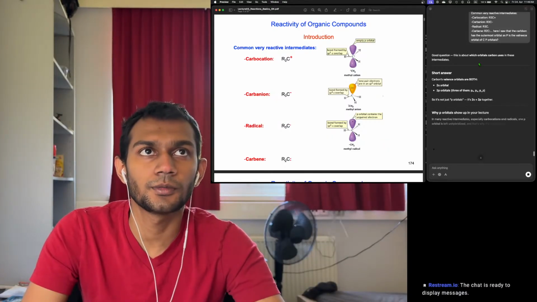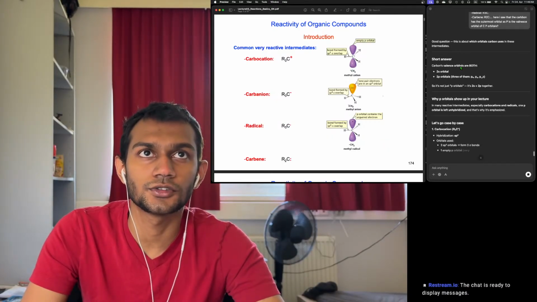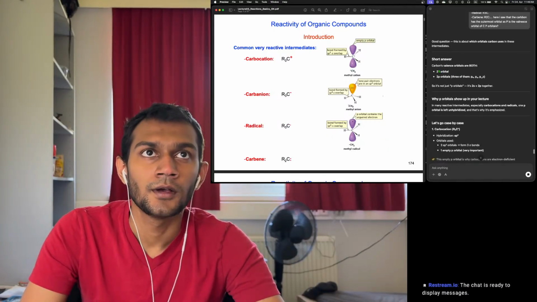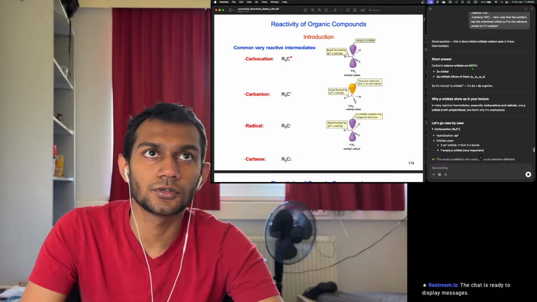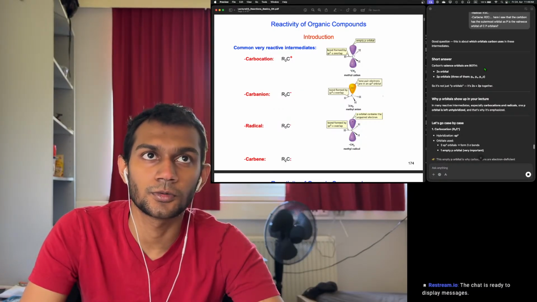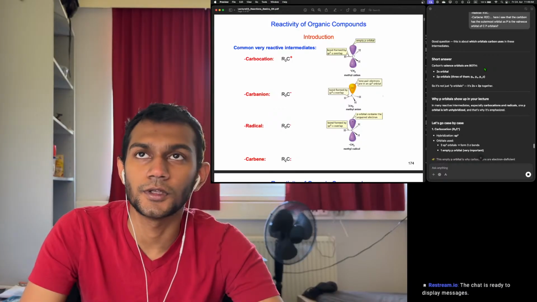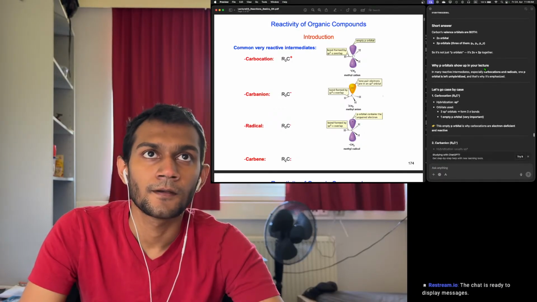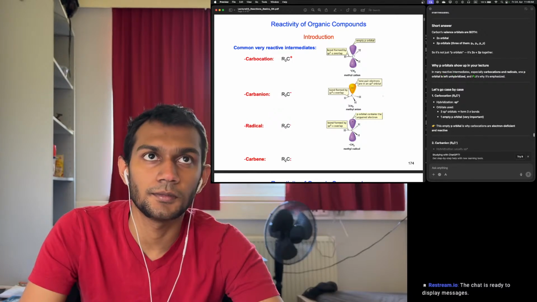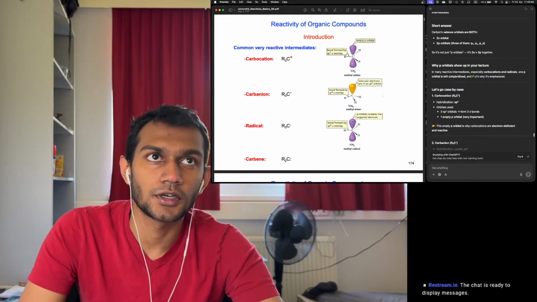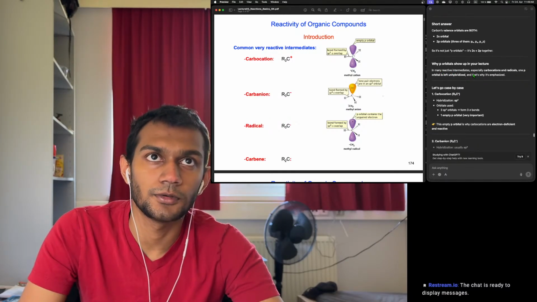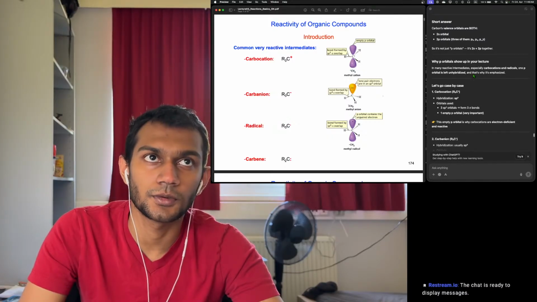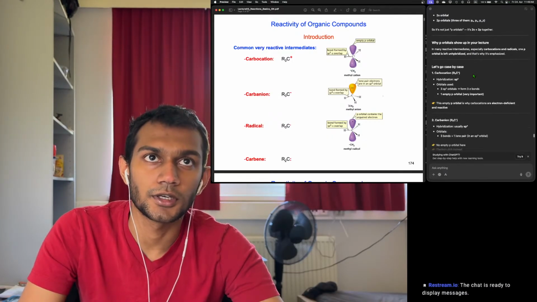This is about which orbitals carbon uses in these intermediates. Short answer, carbon's valence orbitals are both the 2s orbital and the 2p orbitals, not just the p orbital. It's 2s plus 2p. Why p orbitals show up in your lecture in many reactive intermediates, especially carbocations and radicals, is when the p orbital is left unhybridized, and that's why it's emphasized. Let's go case by case.